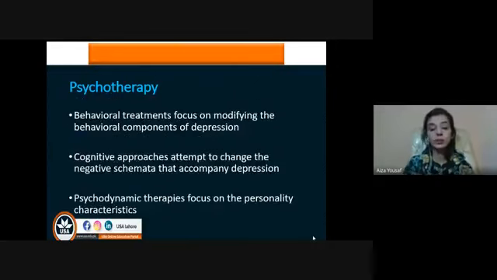In behavioral treatment, the focus is on modifying the behavioral components of depression, while in cognitive approaches, we attempt to change the negative schemas that accompany depression. While psychodynamic therapists focus on the personality characteristics, to enhance the patient's character towards a positive attitude.